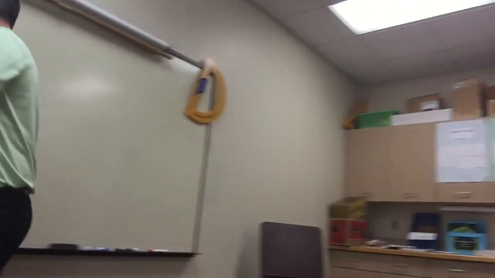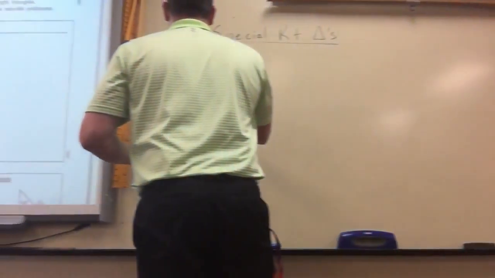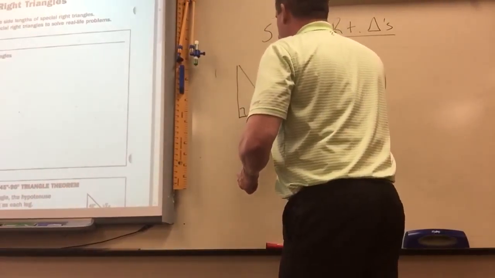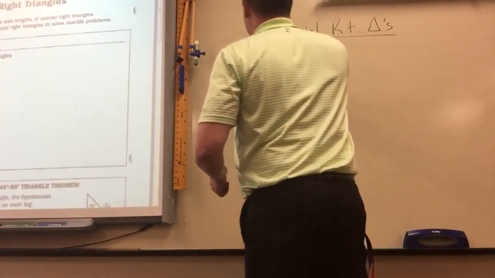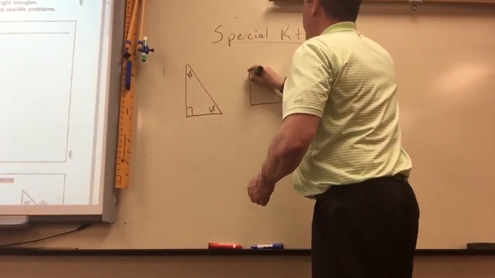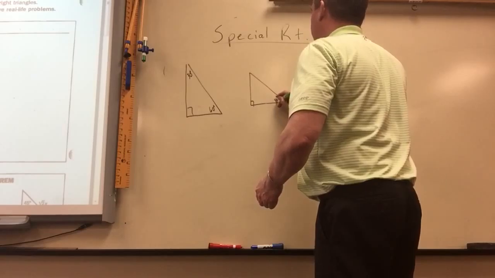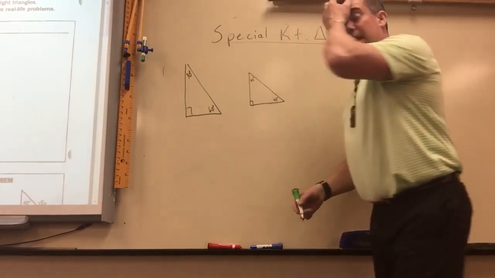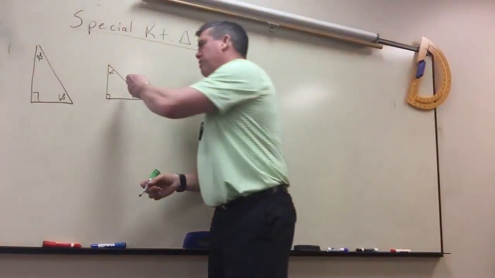and there are rules for them that make these very easy to solve. If you've got a 30, 60, 90, there are shortcuts for that. And if there's a 45, 45, 90, there are shortcuts for that. Today we're going to do the 45, 45.